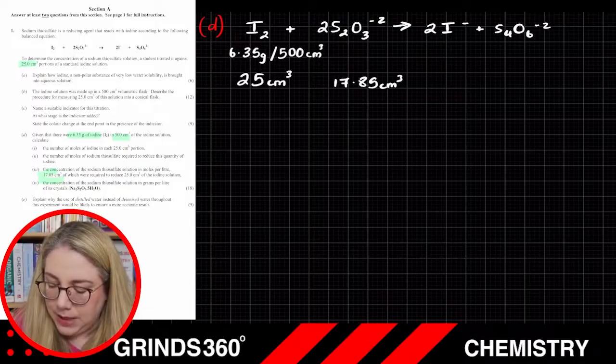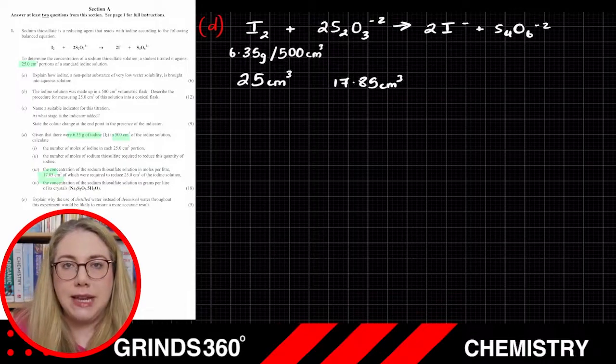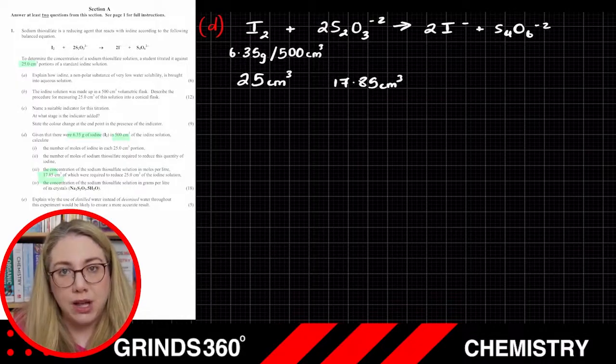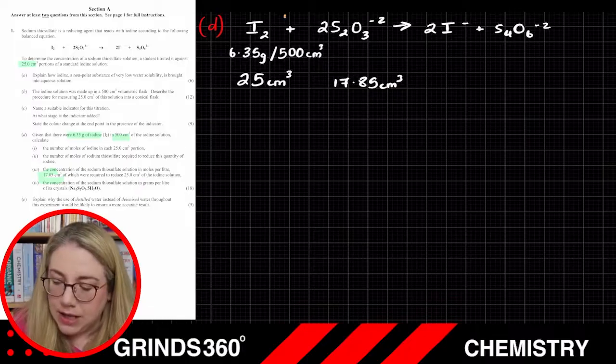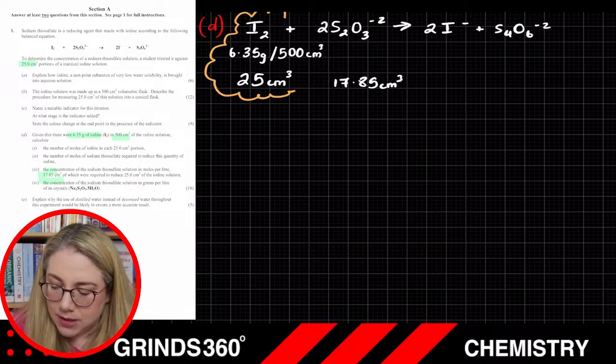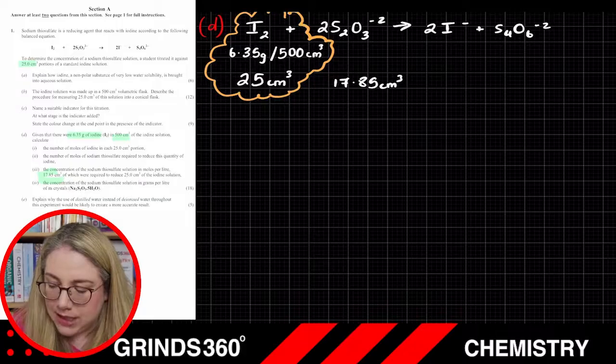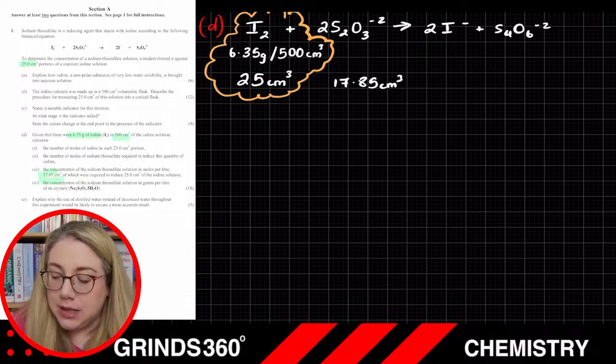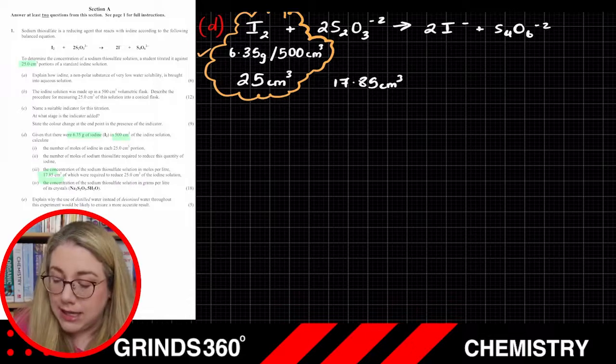Perfect. Now, based on what we did before, you're looking for the thing in the balanced equation where we know both the concentration and the volume. So we have to start our first principles calculation here with the iodine, because even though it's an awkward unit for concentration, we do know what the concentration is and we know the volume of it.